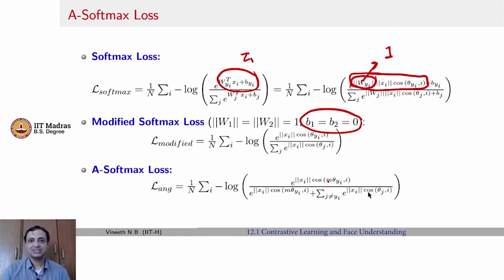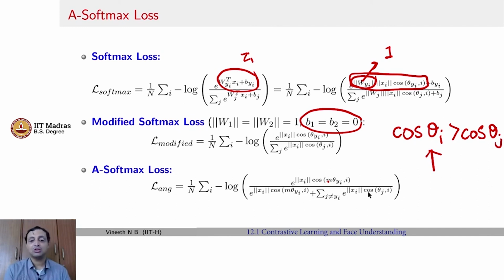This ensures that the angle is further separated between the positive class and the rest of the classes. Remember that the final match to check whether a feature belongs to one class or the other class would be given by where cos theta of I is greater than cos theta of j. You would then say that this point belongs to the ith label and not the jth label.